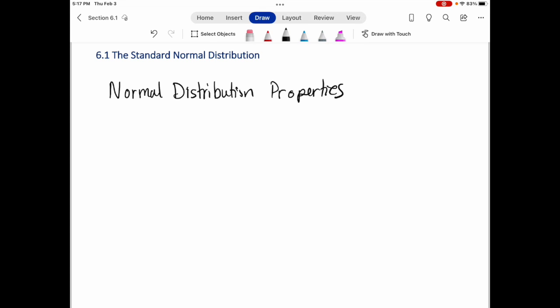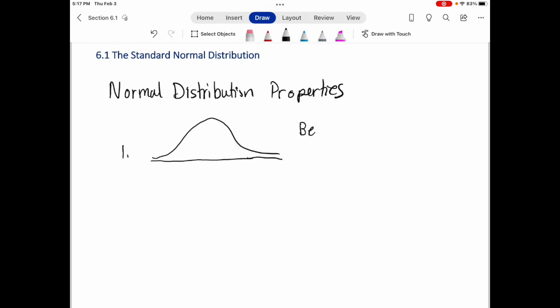Okay, a normal distribution, we already said that's a continuous probability distribution for a random variable. The graph of a normal distribution is called a normal curve, and you typically think of the normal curve as that bell-shaped curve that looks like this.